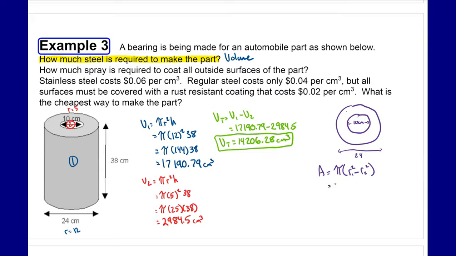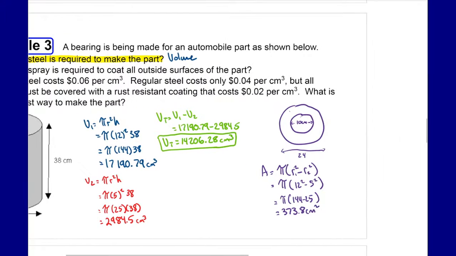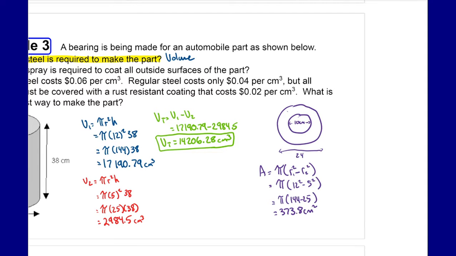So in this case, the area is pi times 12 squared minus 5 squared, which is pi times 144 minus 25. And we get 373.8 centimeters squared. I now need to add this to the rectangular surface.